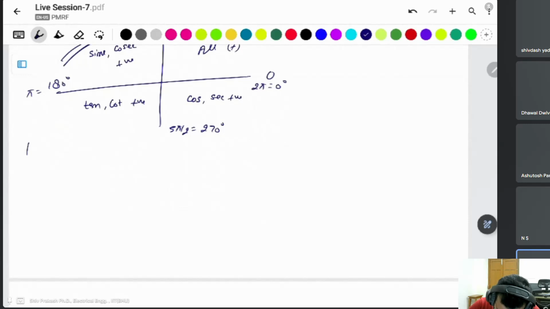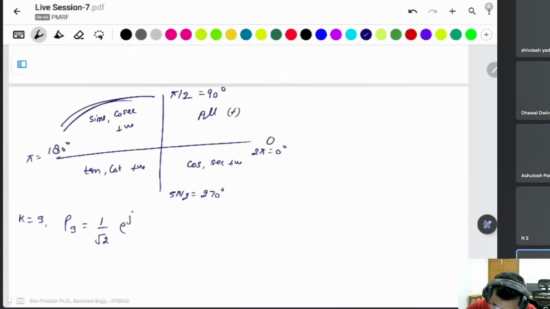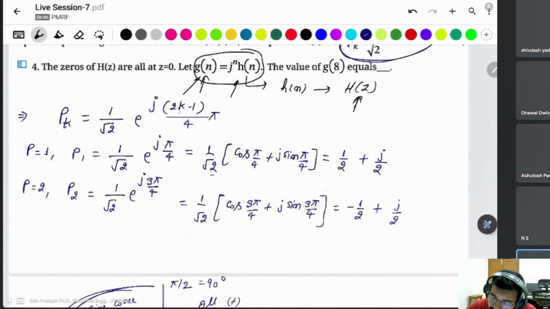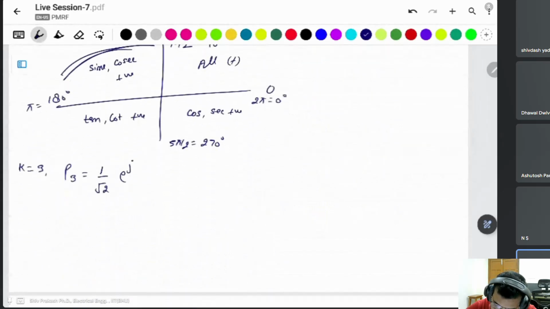P3. It means at the value of k equal to 3, p3 is 1 by root 2 e to the power of j, putting in 3, 3 times 2 is 6 minus 1, 5 pi by 4.